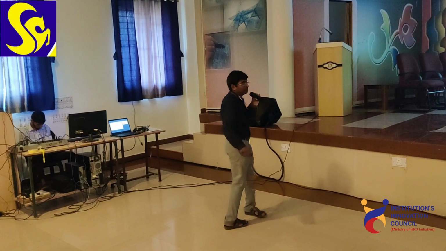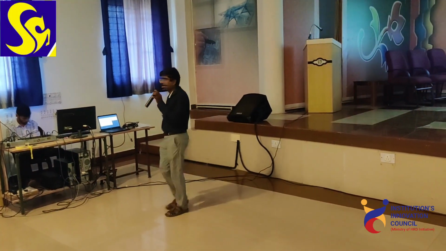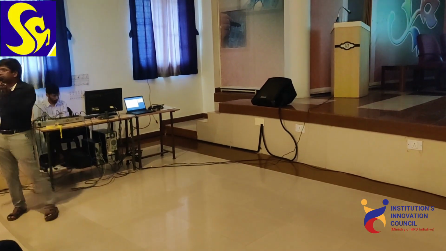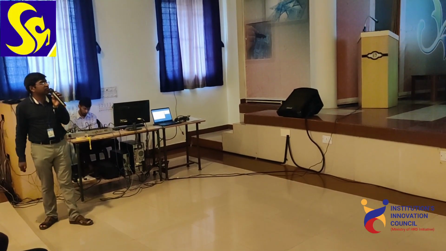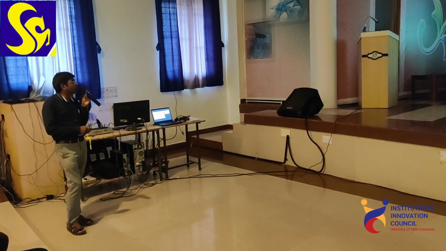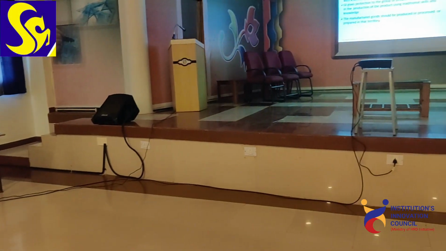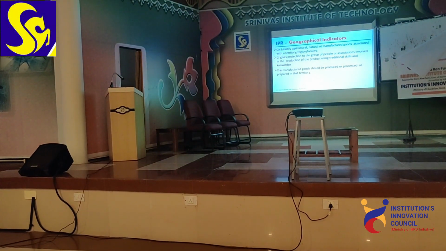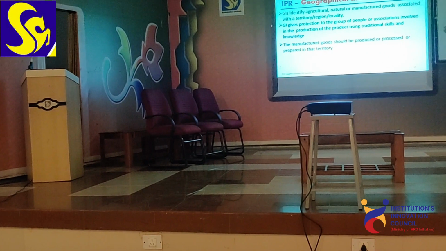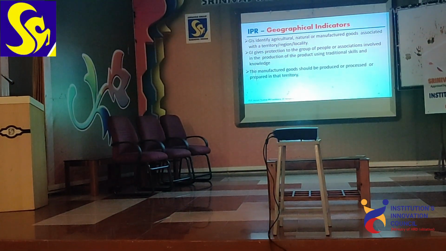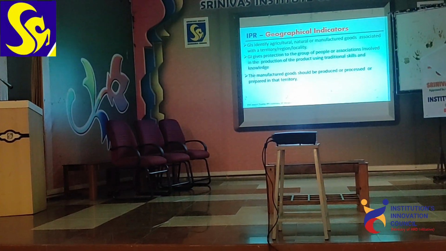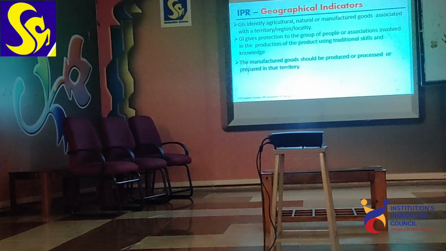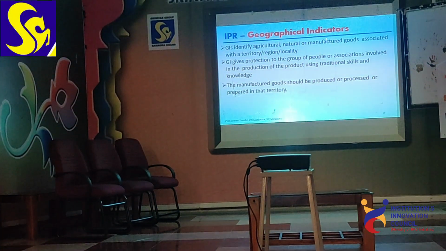And the last one in this is the geographical indicator, generally called GIs. As the name says, they identify agricultural, natural or manufactured goods associated with a territory, region or locality. We have many such things in our region too, and I'll come to that.